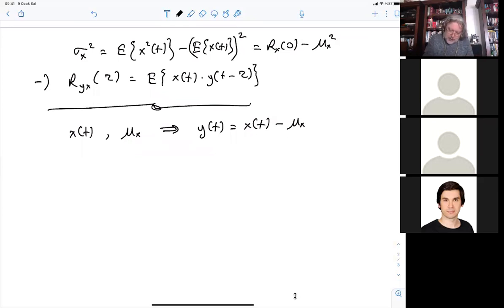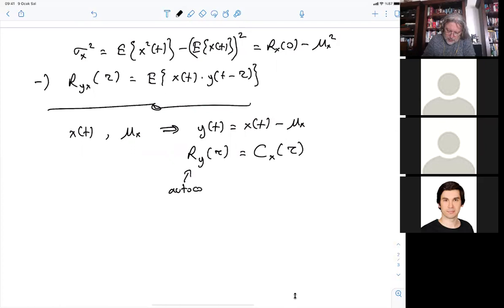Then the autocorrelation of the zero mean function becomes the so-called autocovariance of x.